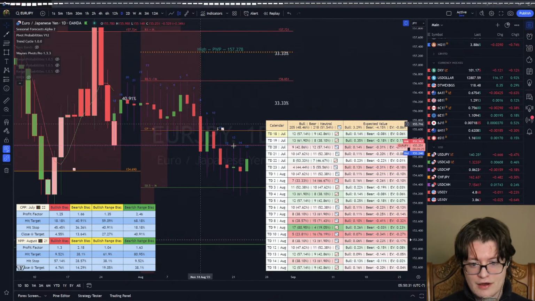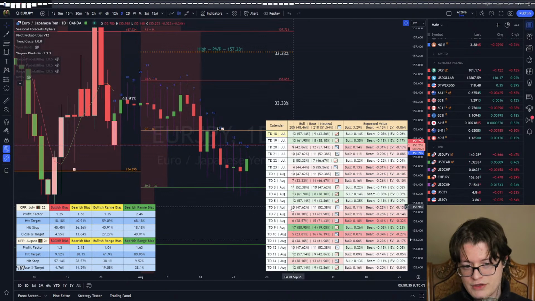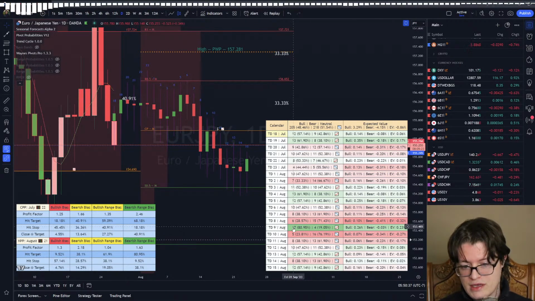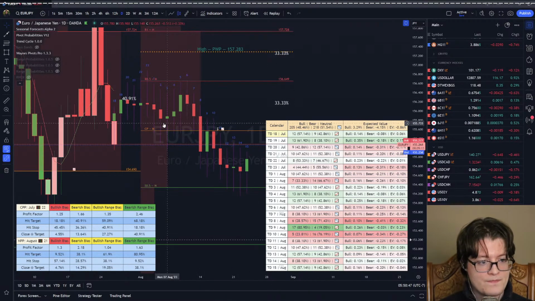And I can see from the 6th trading day of August, you get some pretty nasty negative expected value, except for this one day here in the middle of it, the 9th trading day of August.